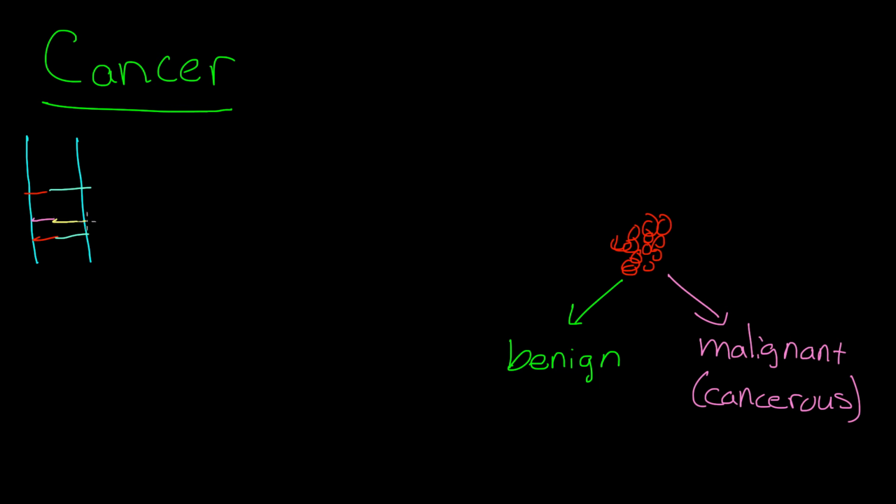But maybe one of these is incorrect. Maybe instead of this being a CG pair, this one right here, instead of being C, was actually supposed to be a T. So we have a mistake in our DNA, and we'll call that one of our SNPs, a single nucleotide polymorphism.